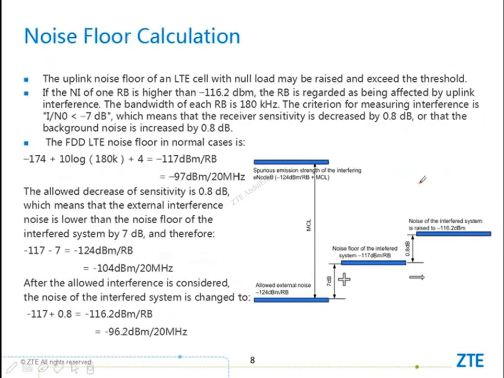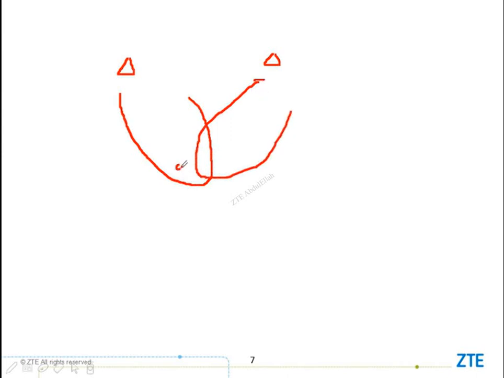And about the uplink interference, first, you need to be clear about what the uplink interference is. Same, this is one side. For example, this is the other side. This is one cell. This is the other cell. This is the UE. The UE selects cell 1.